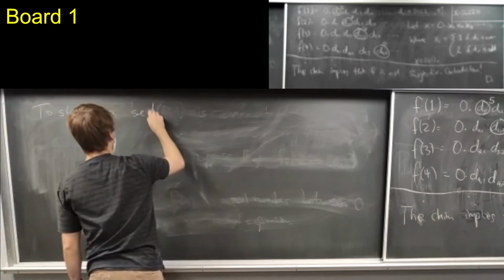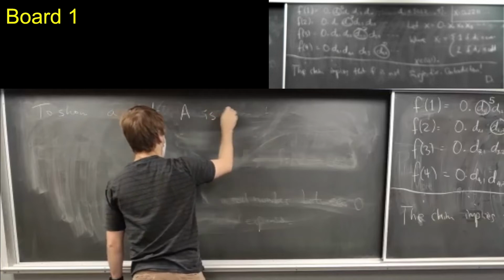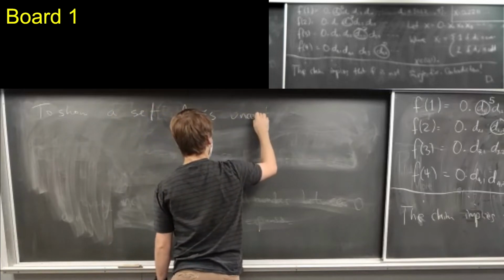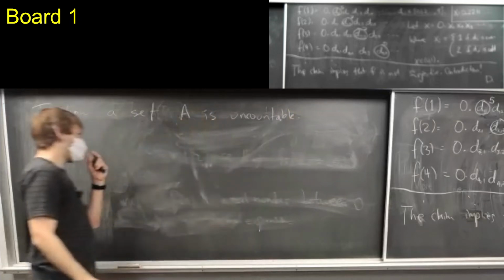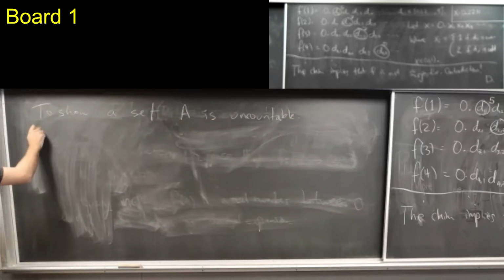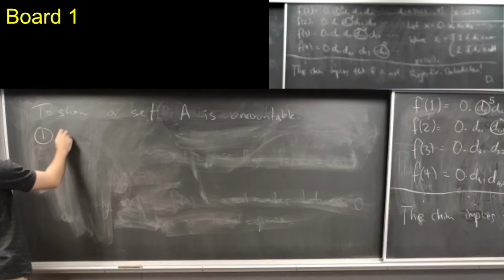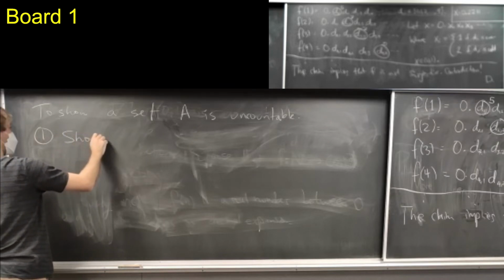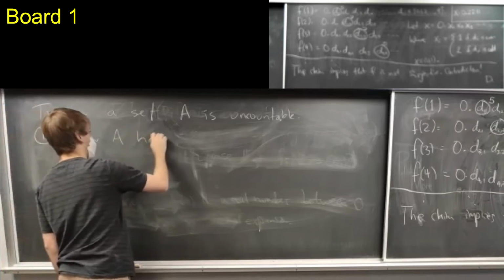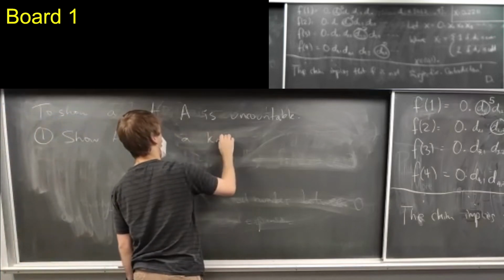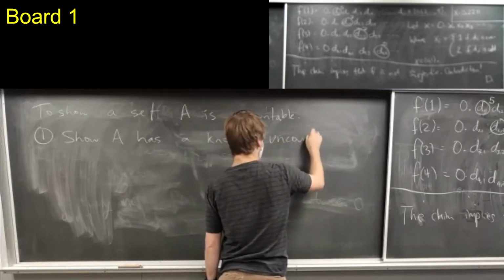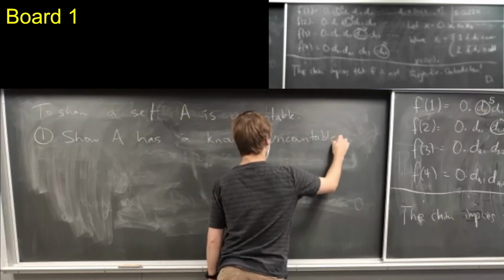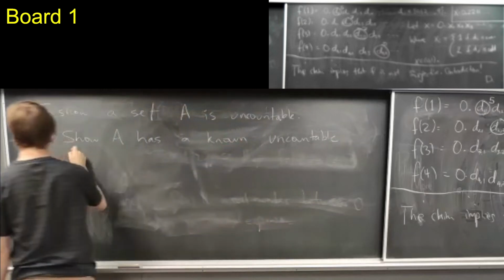So, to show a set A is uncountable, something easier would be to show that A has a known uncountable subset.